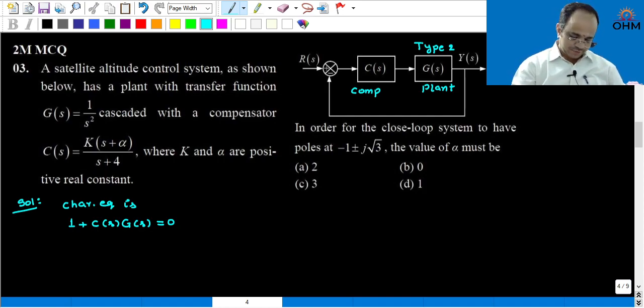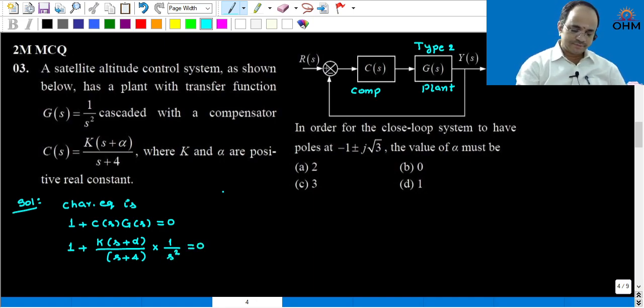Now let us try to find out. The characteristic equation is 1 plus C(s), that is K into (s plus alpha) divided by (s plus 4), this is the compensator, multiplied with 1 by s square, is equal to 0.